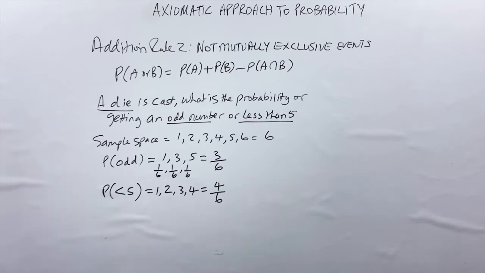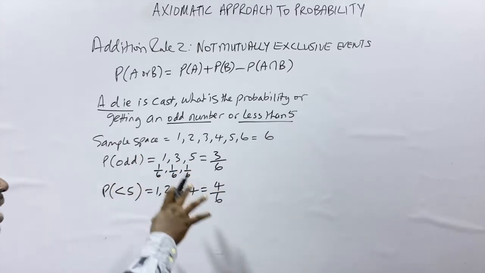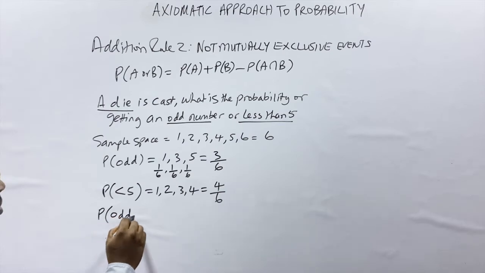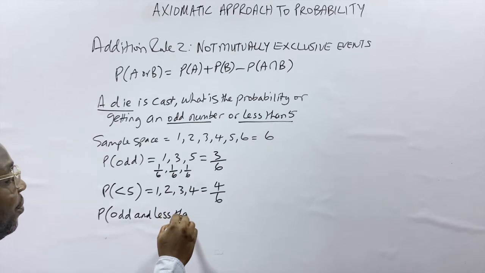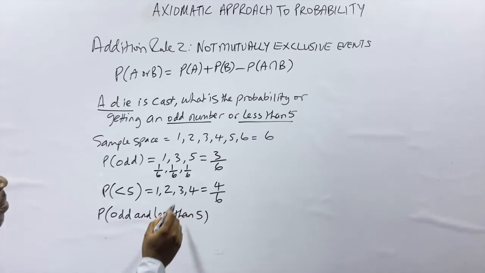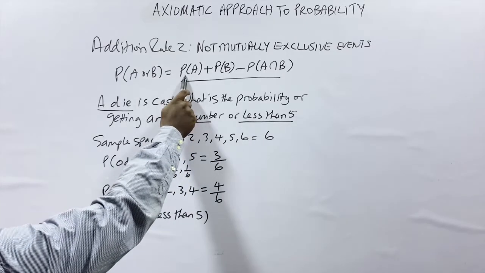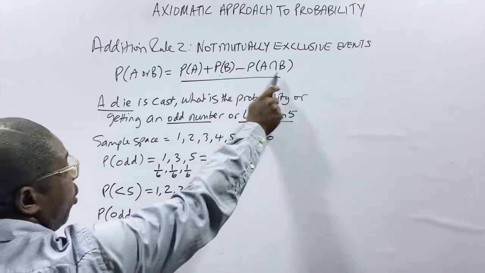Now, the probability of being an odd number and less than 5, that's what we pick up next. Remember, we're following this rule: we find the probability of A, the probability of B, minus the probability of both.